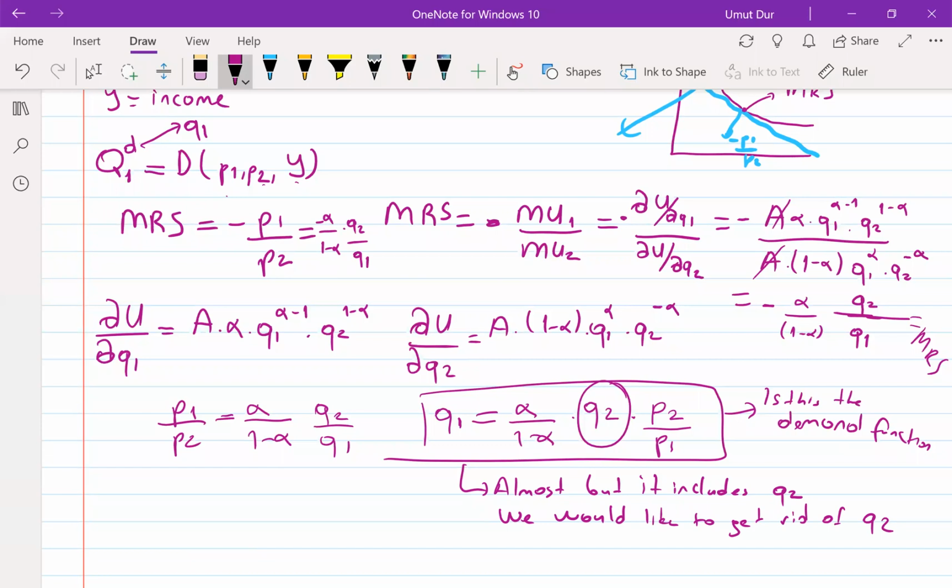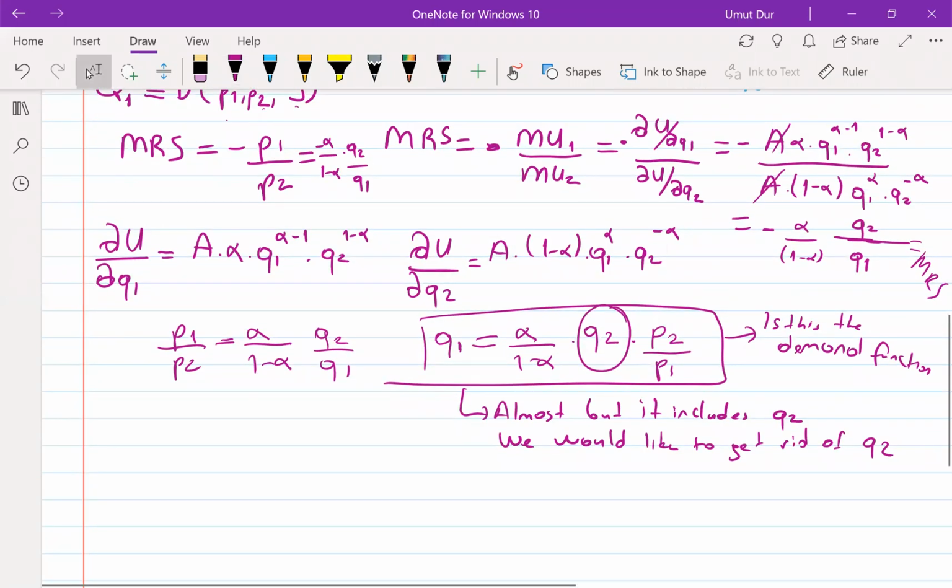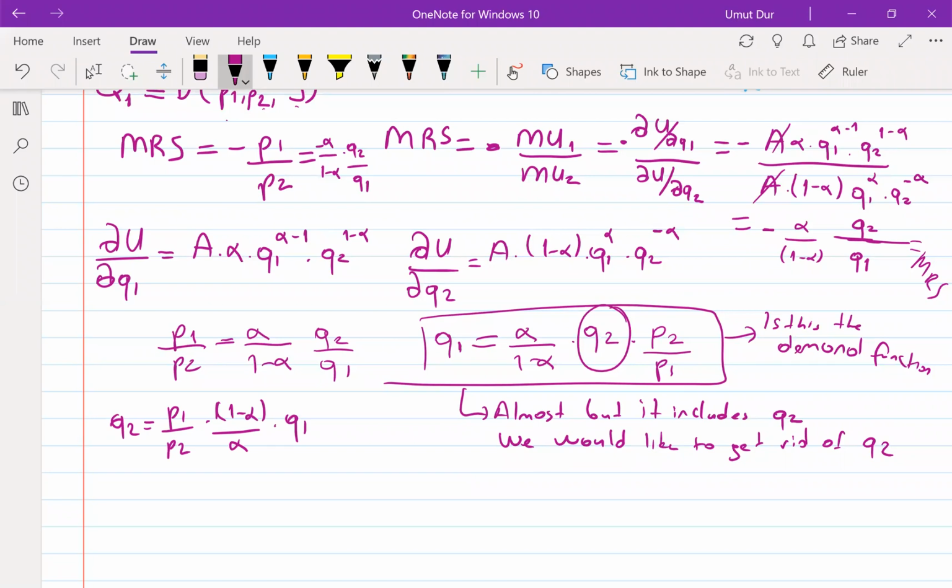And how do we do it? So here we can write Q2 in terms of P1 over P2 times 1 minus alpha over alpha times Q1, okay? Then we plug this into the budget constraint.